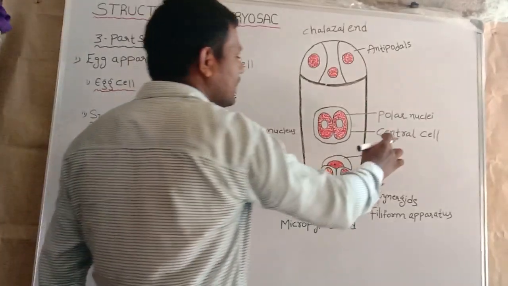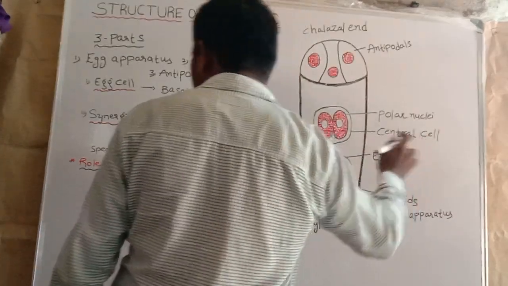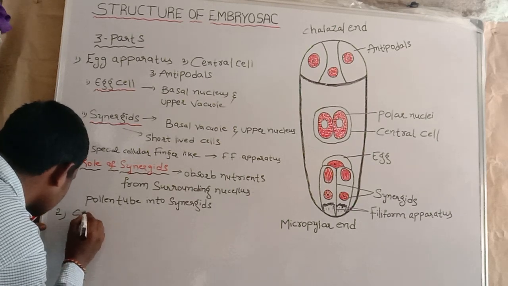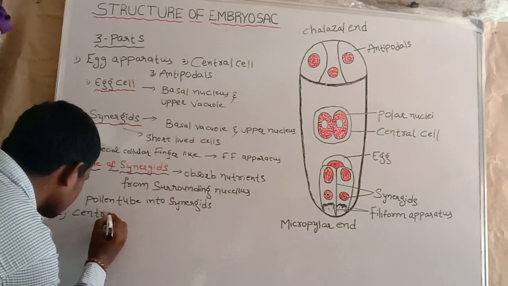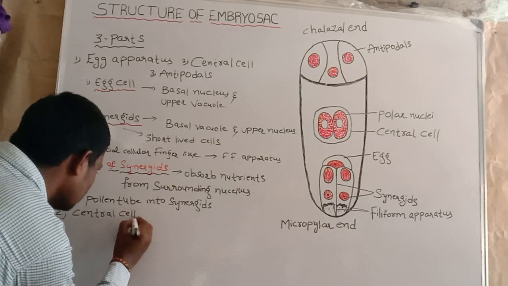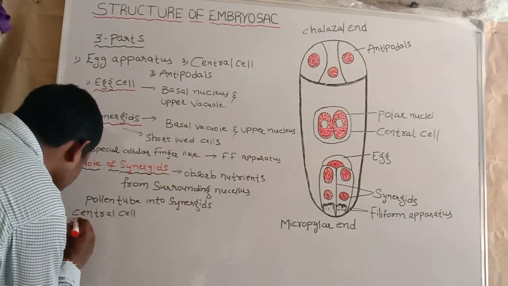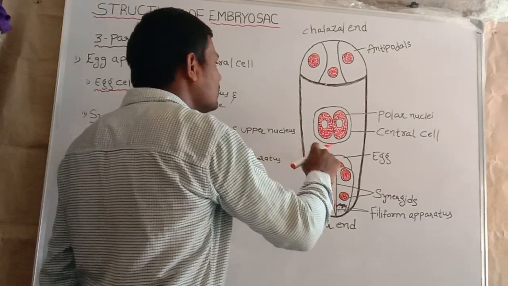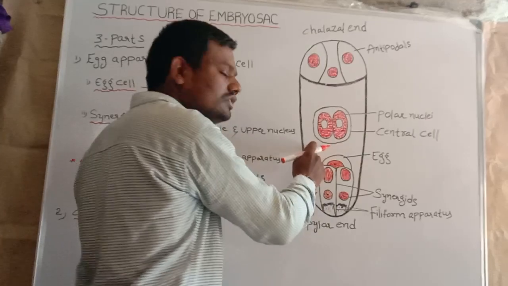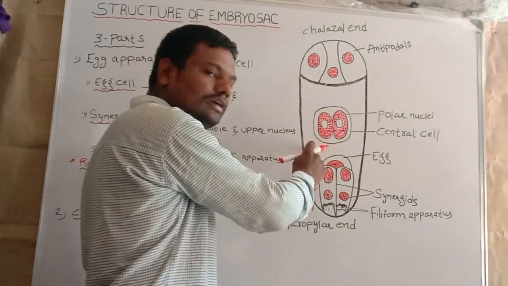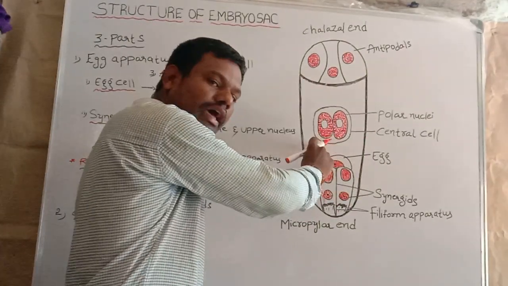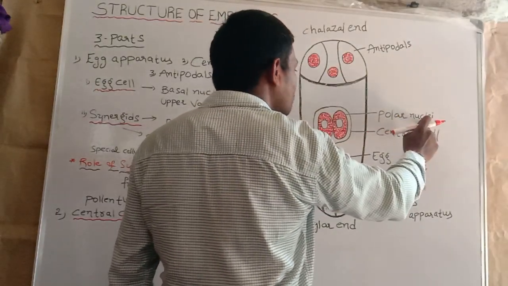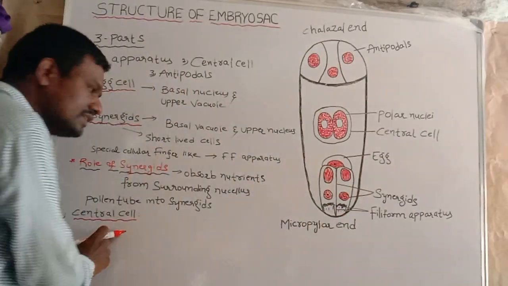And the next one is the central cell. The largest cell in the embryo sac, which contains two polar nuclei, is called the central cell.